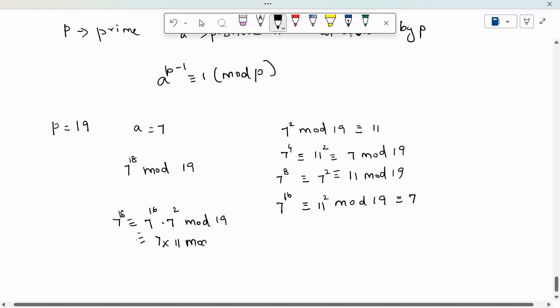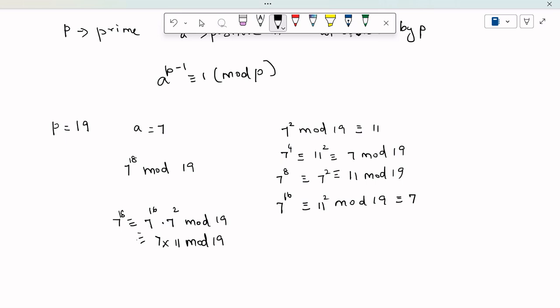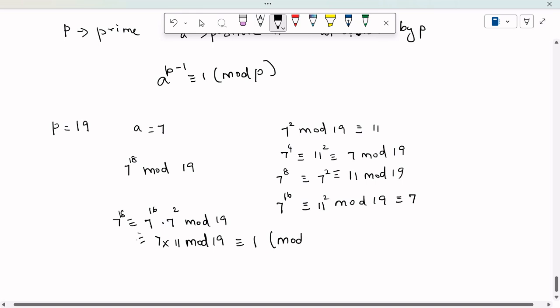So 7 times 11, which is 77 mod 19, is equivalent to 1 mod 19. So here 7 power 18 is congruent to 1 mod 19. By this we can prove that 19 is prime. Alright.